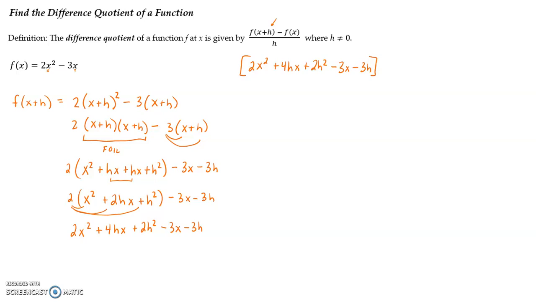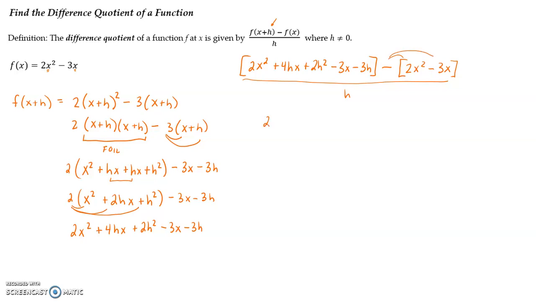Now, if we're looking at our difference quotient, we still have to subtract f of x. Well, f of x was the original function that we were given. That was that 2x squared minus 3x piece. So let's go ahead and subtract that. We're subtracting, I'm going to put this in brackets as well, 2x squared minus 3x. And remember, all of this is going to be over h. So let's go ahead and distribute this subtraction sign here to each piece on the back end of that.